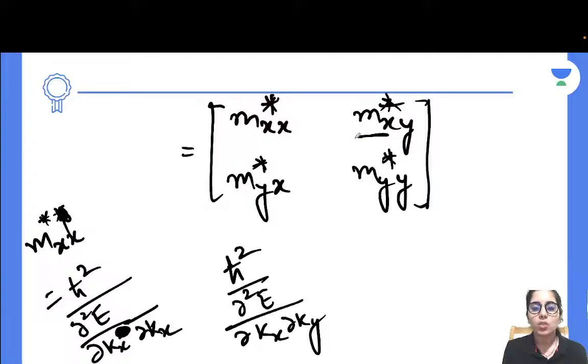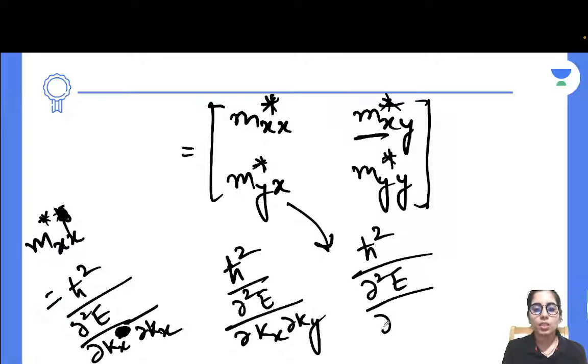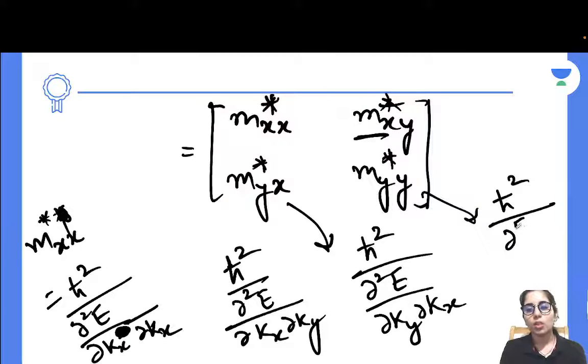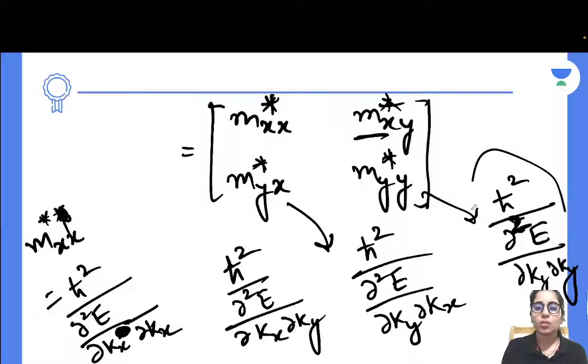Then the third one is h² over delta squared E over delta ky delta kx, and h² over delta squared E over delta ky delta ky. This is what you will have.